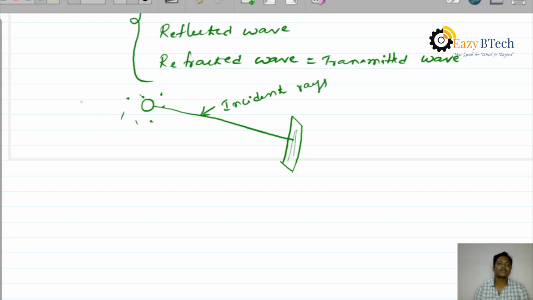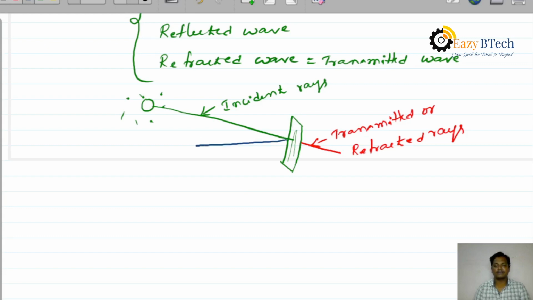Now this mirror allows some rays through it. These rays are called transmitted or refracted rays. Next, some amount of rays will be reflected back. These rays are called reflected rays.